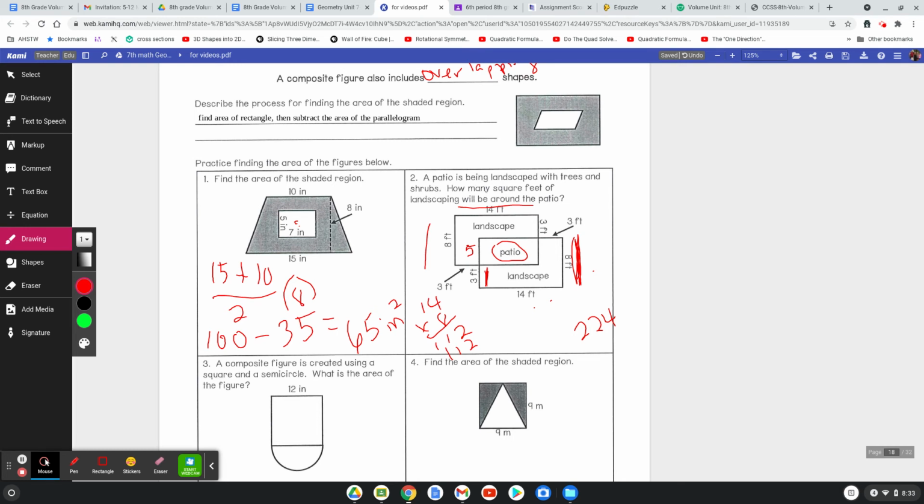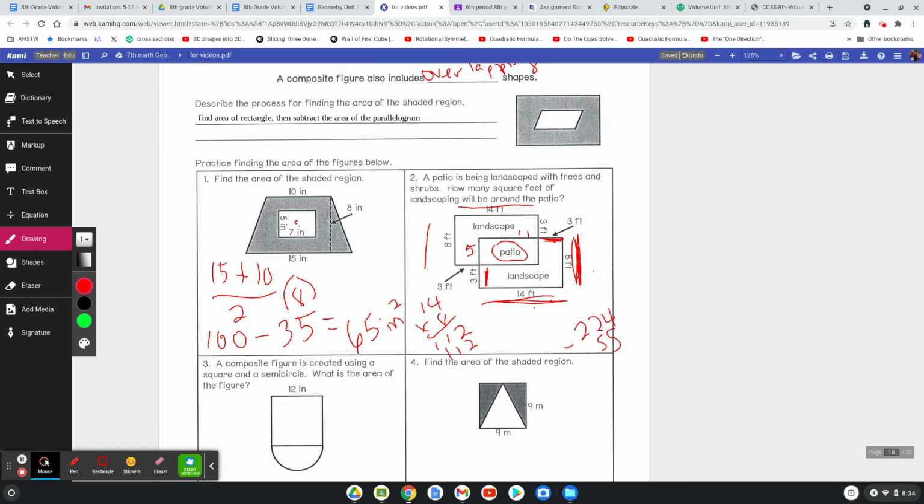And then for the one going horizontal, I know that this whole thing is 14. And if this part is 3, I'm going to subtract that. So this part is 11. So the patio is 11 by 5, which is 55. So I'm going to minus 55 out of here. And I'm going to get not what the answer key says.